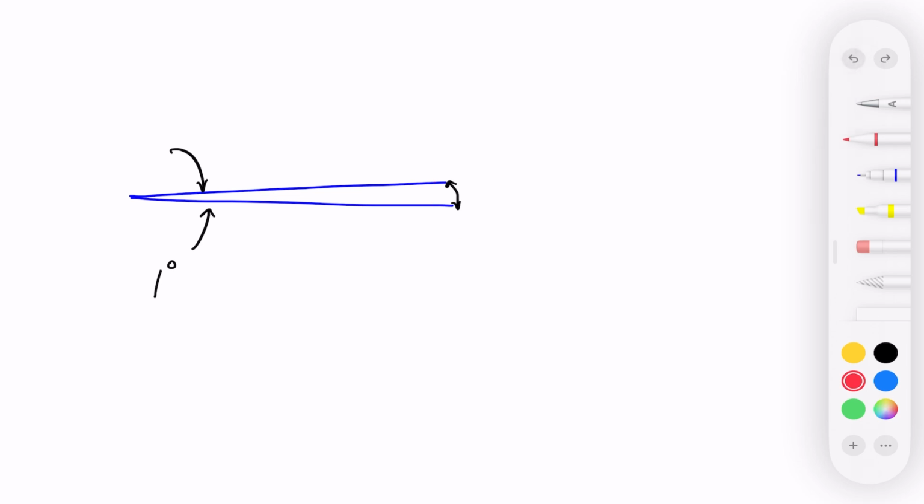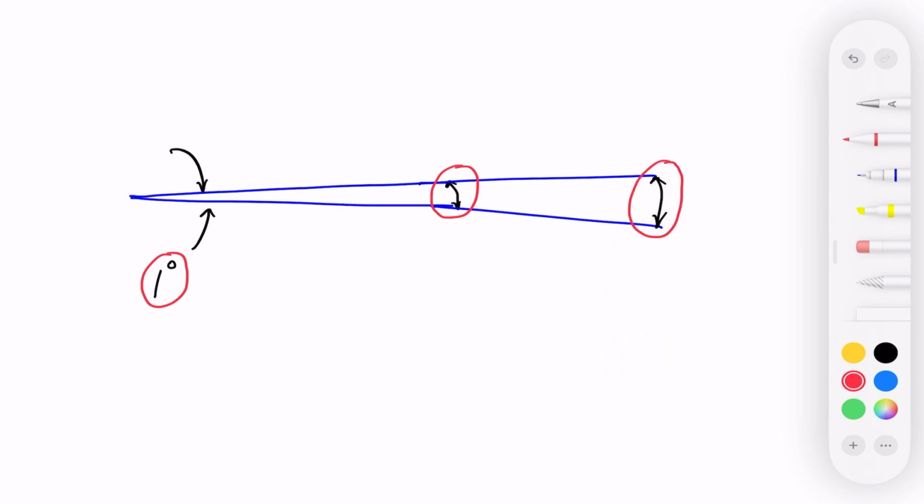However, if the two arms of this angle are extended further, you can see that the arc length also gradually grows. Therefore, angle being small is actually not enough when you extend the arms of the angle.